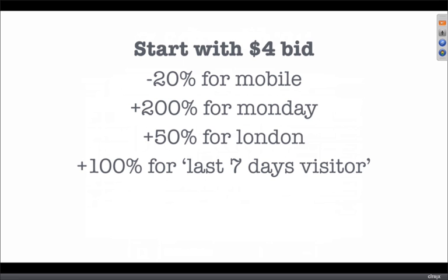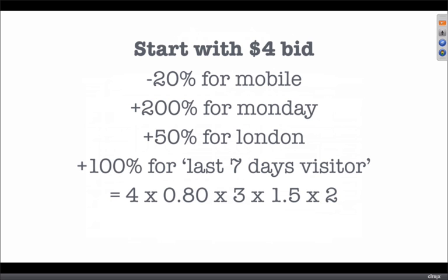So the first thing we have to do is turn those percentages into a number. So we've got $4 times 0.8, which is minus 20%. Think of it as 1 minus 0.2. So a minus 20% bid modifier becomes 0.8. A plus 200% bid modifier becomes 3. It's 1 plus 2. 50% is 1 plus 0.5, 1.5, and a 100% bid modifier becomes 2.